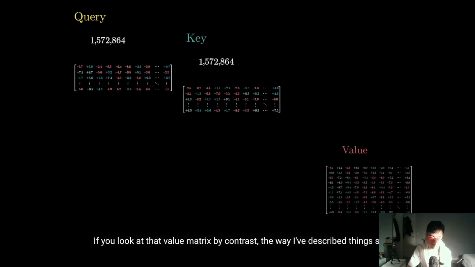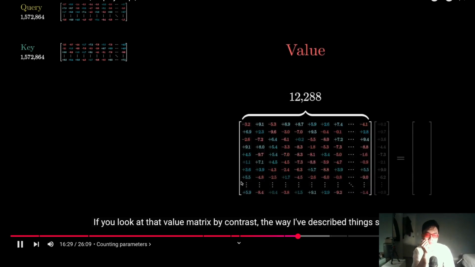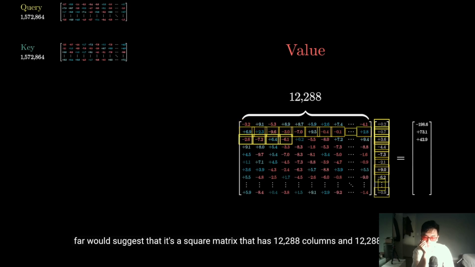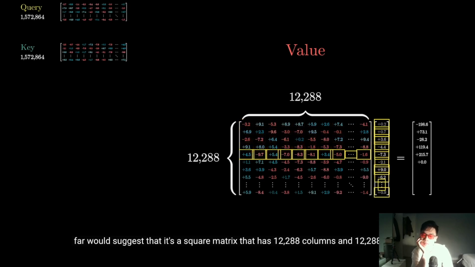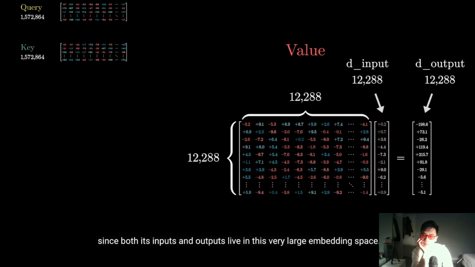If you look at that value matrix by contrast, the way I've described things so far would suggest that it's a square matrix that has 12,288 columns and 12,288 rows, since both its inputs and its outputs live in this very large embedding space.